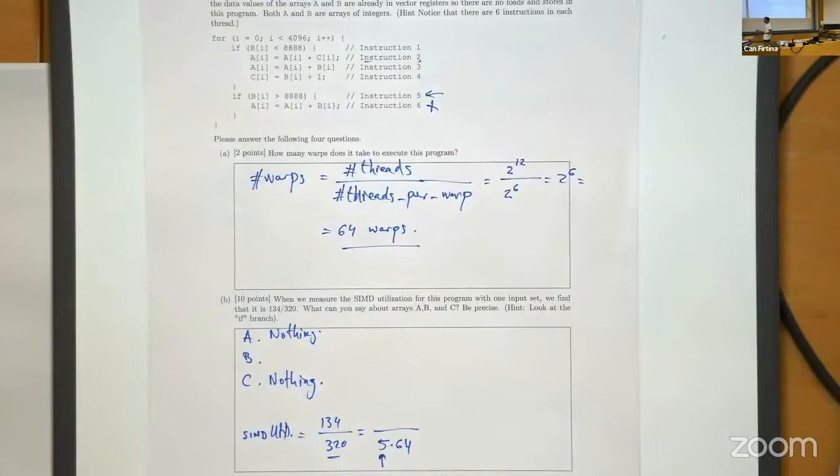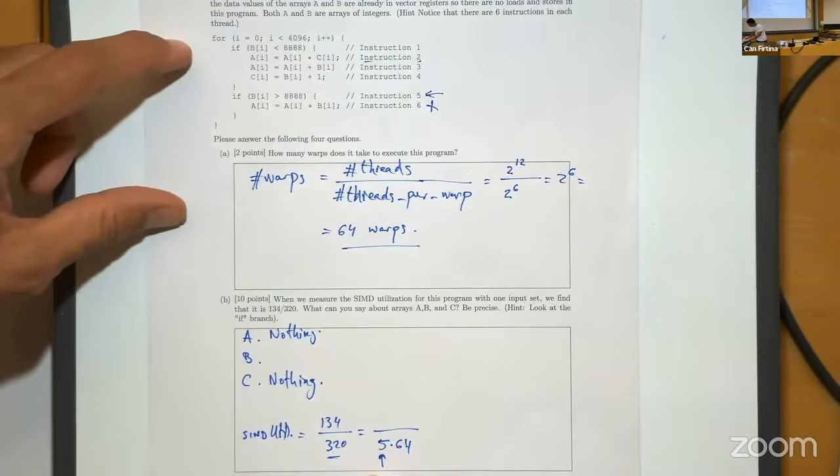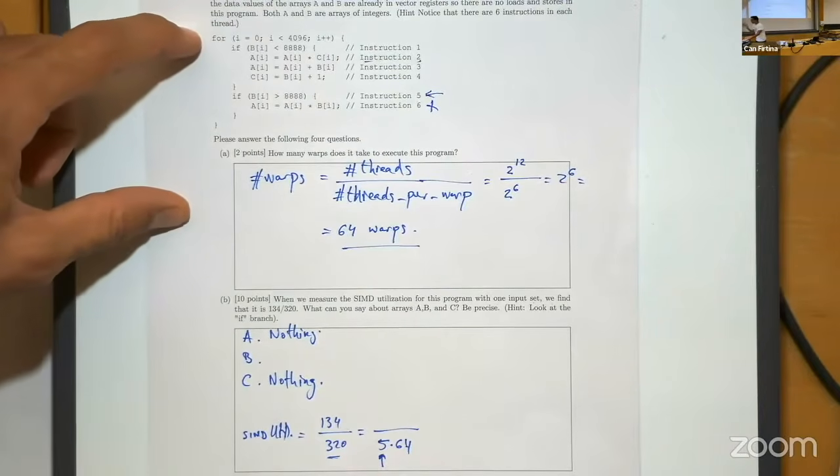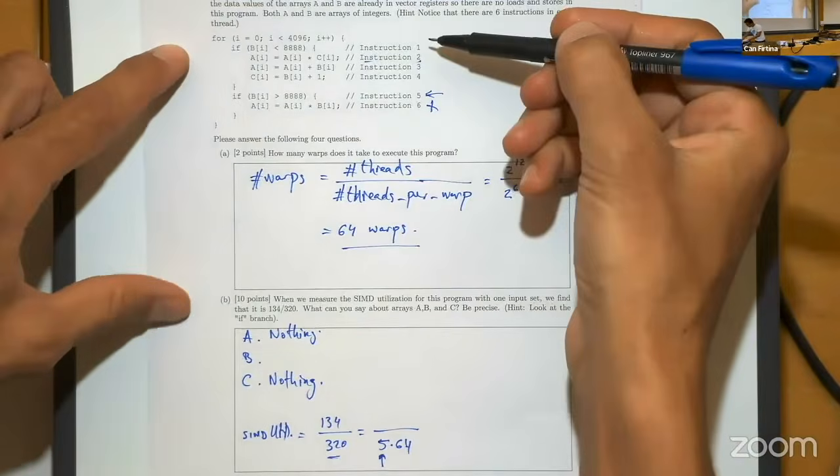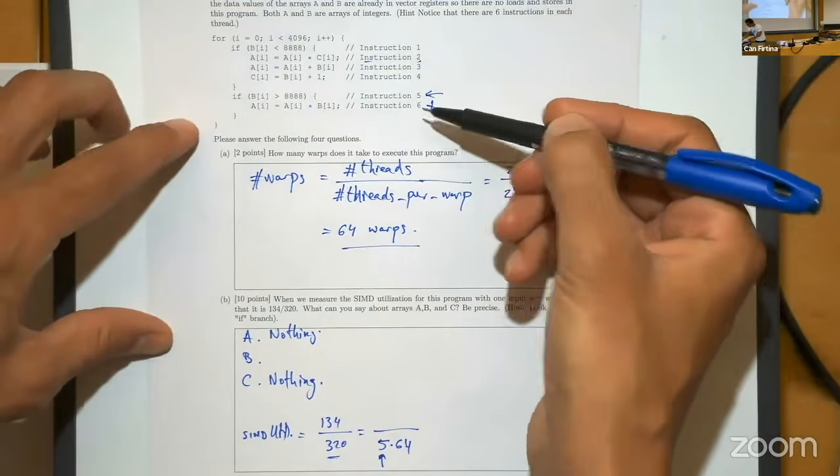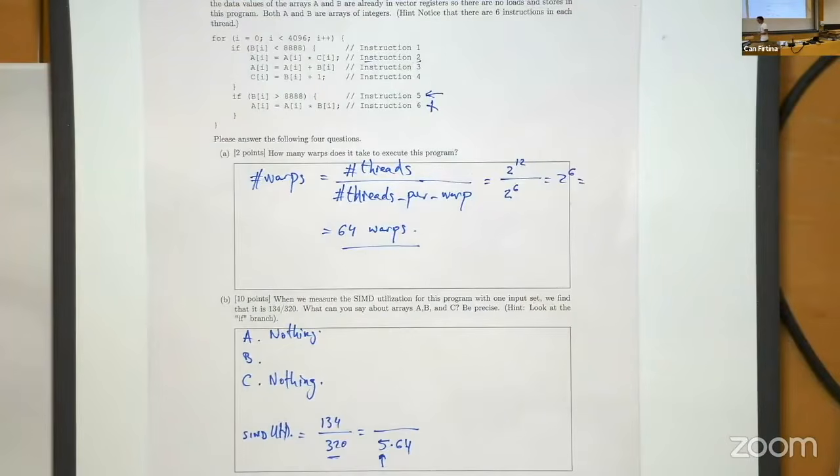That's the only way of executing only 5 instructions in this code. So now we know that a certain number of threads executed instructions 1 to 5, and no threads executed instruction 6. Are there any questions here?